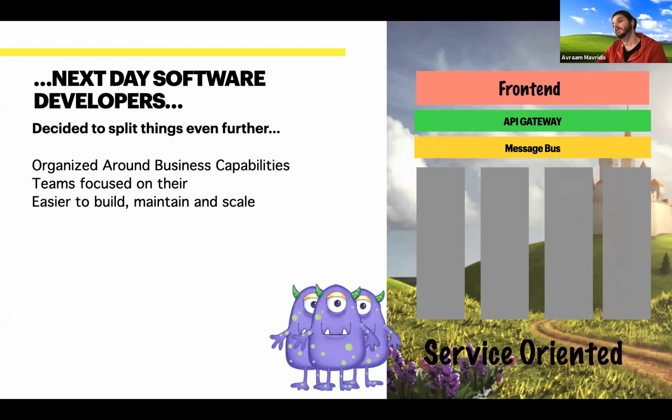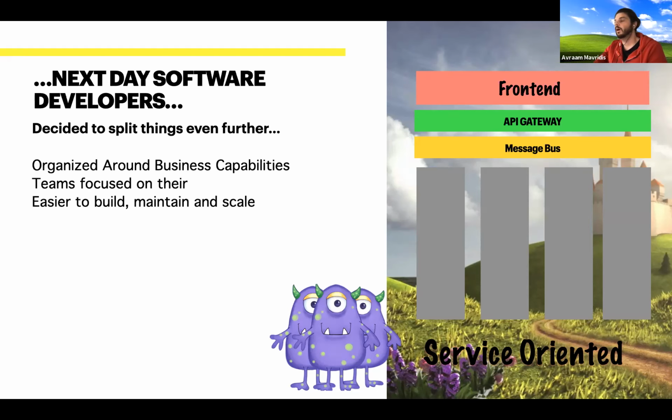They do one thing, have teams focused on this one thing, and the idea was that it would be easier to build, maintain, and scale. In my example, these services communicate through a message bus. It can be something else. The main idea is to split your business around smaller services.